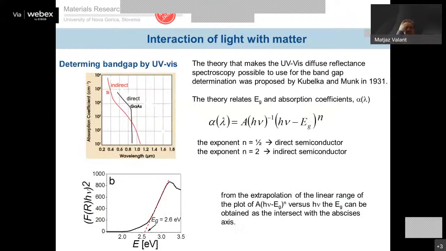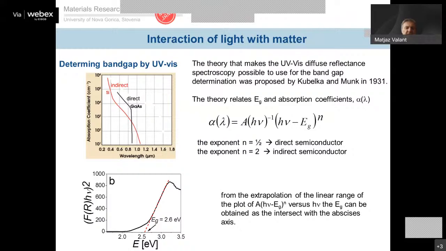But how would we know if one particular semiconductor is indirect or direct? So two men very early in the previous century developed a method which is still used today for that purpose.